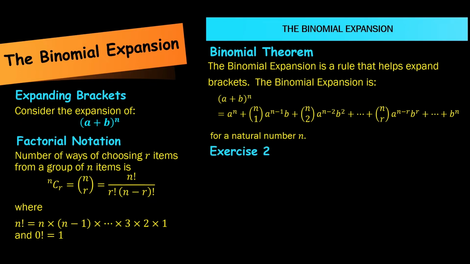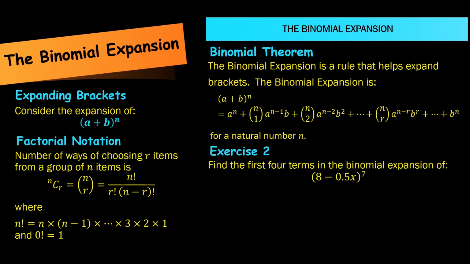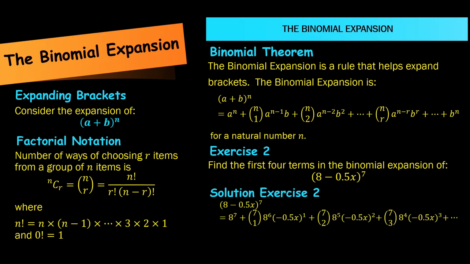Now let's have a look at another example. Find the first 4 terms in the binomial expansion of 8 minus 0.5x, all raised to the power 7. Again, let's substitute the various values into the formula for the binomial expansion.